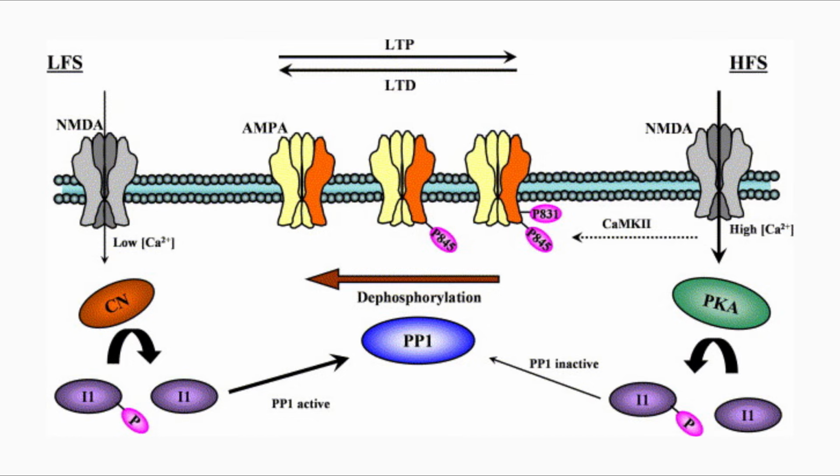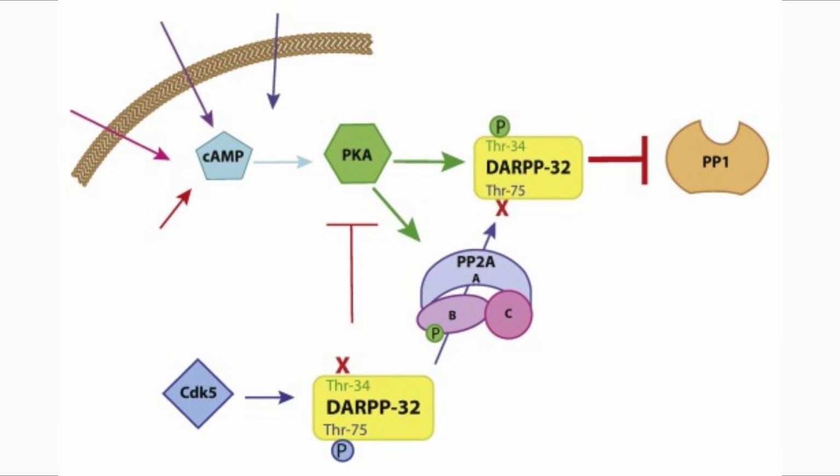Now, once activated, phosphatases PP1, PP2A, PP2B act on multiple targets to express LTD. They dephosphorylate AMPA receptor GLU-A1 subunits at sites critical for channel conductance and interaction with scaffold proteins, causing AMPA receptors to be removed from the synapse or endocytosed. They also affect scaffolding proteins like AKAPs or stargazin, and can reduce the spine's sensitivity.